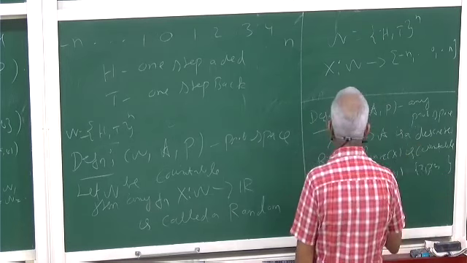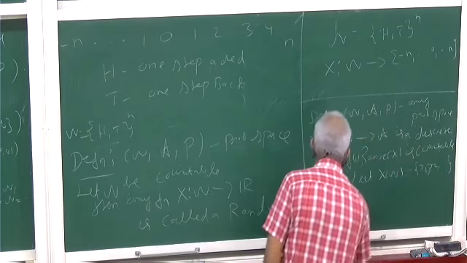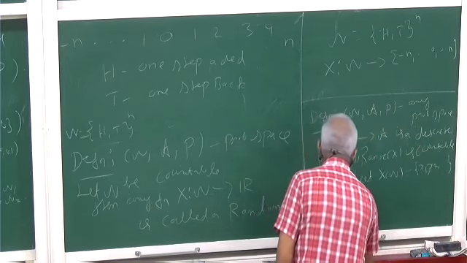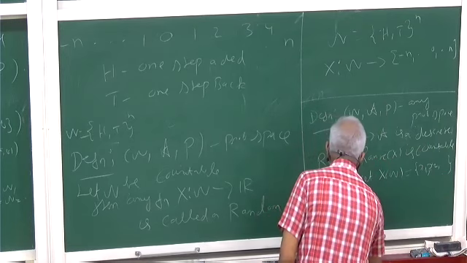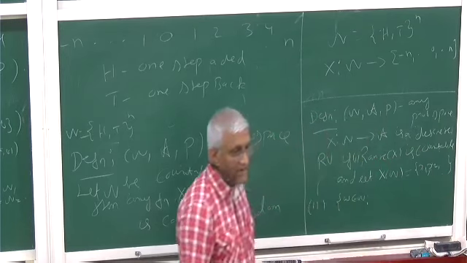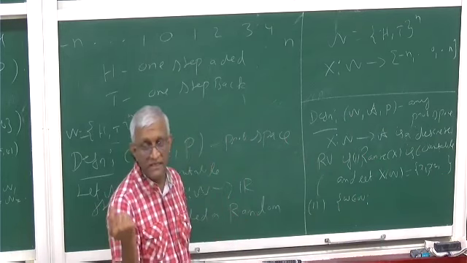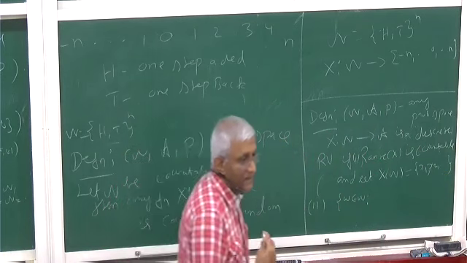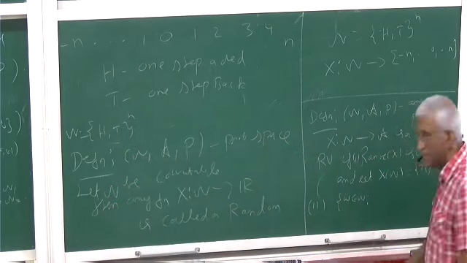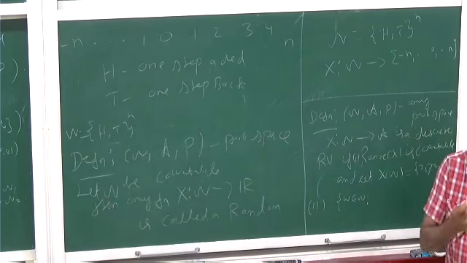X is a discrete random variable if, first, the range is countable, and second, for all omega in omega... If you define a function, there may be many points mapping to one single point, right? It can be many to one, need not be one.